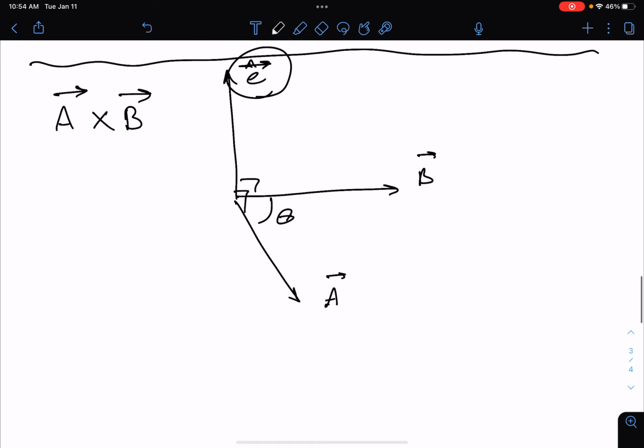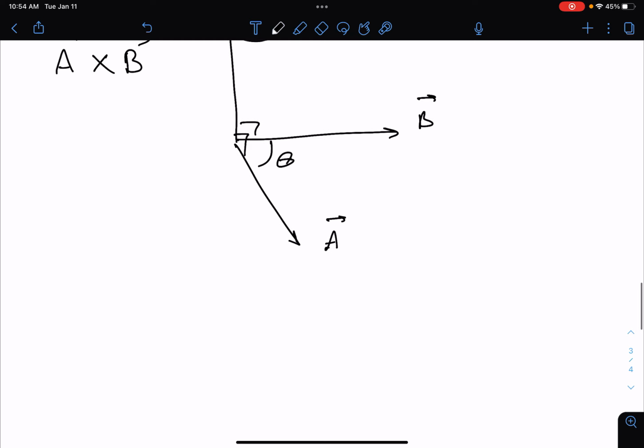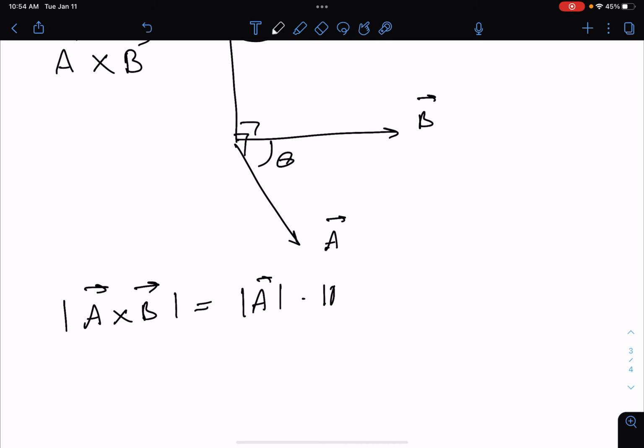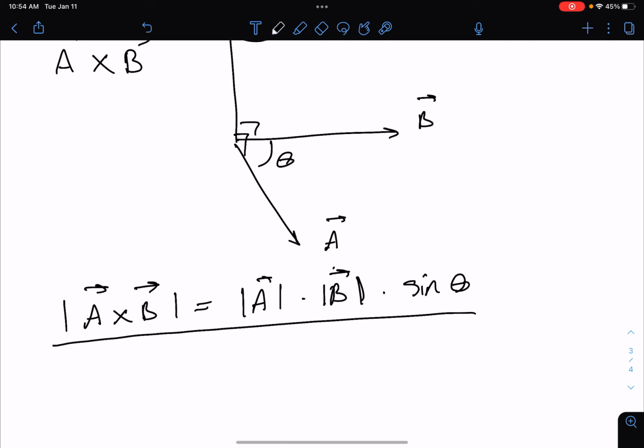Since this is a vector, we have two different definitions for it. First, the magnitude of this vector can be calculated by multiplying the magnitude of vector A by the magnitude of vector B multiplied by the sine of the angle between the two vectors. This is going to give you the magnitude of this vector.